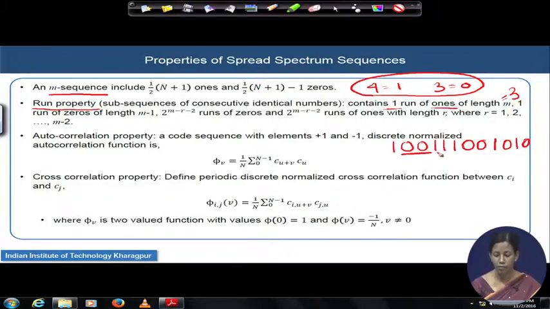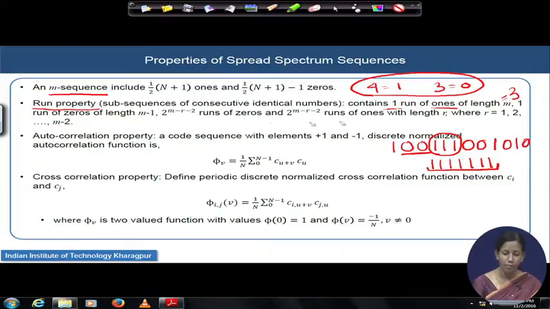So, you will always get a situation where 3 ones appear consecutively. If your m value changes to say 7, then in the generated sequence you will get at least one occurrence of 7 ones at a stretch. That is standard. You check it, try to prove it with different initial conditions and different values of small m, and you will realize.